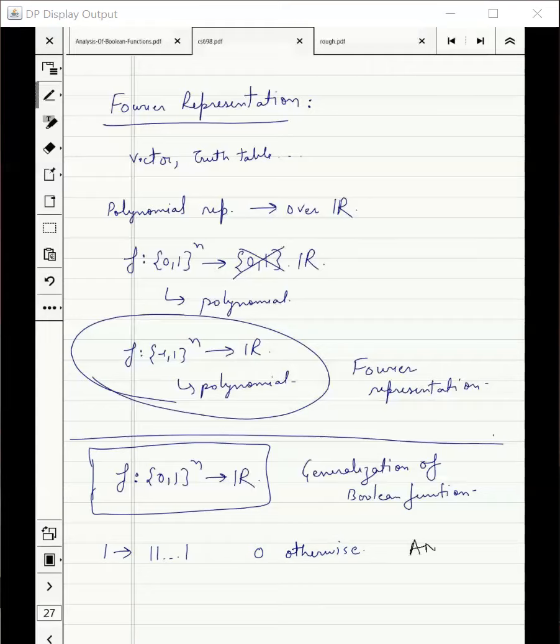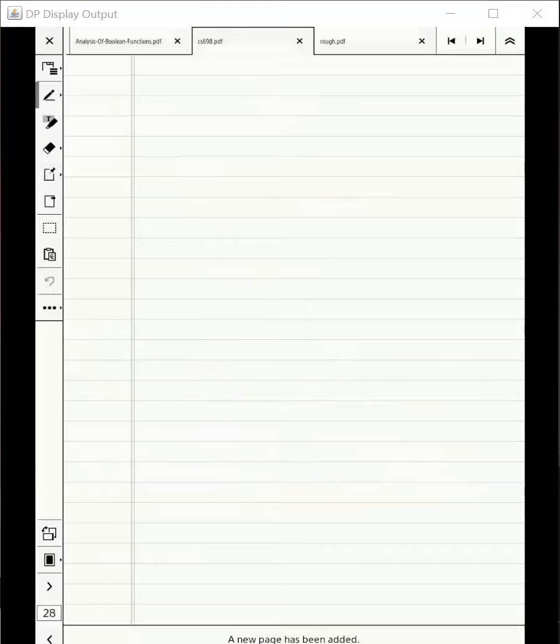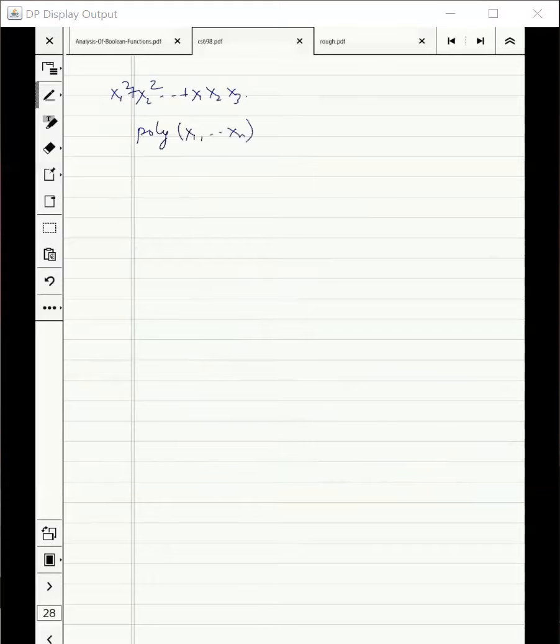Can you write a polynomial whose value agrees with the AND function? So we want an expression like a polynomial in x1, x2, ..., xn, such that whenever I put the 2 to the power n input values, I get the correct answer as a real.